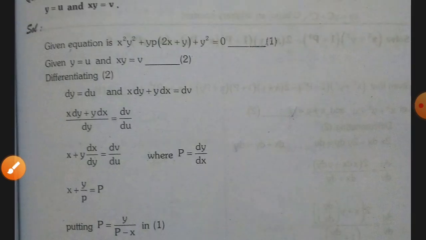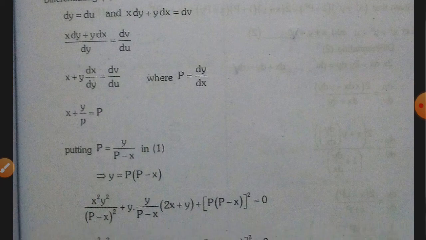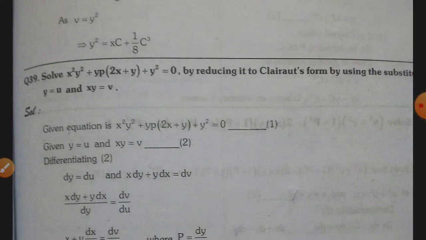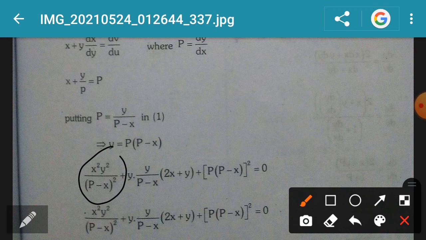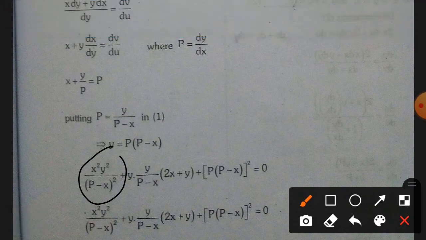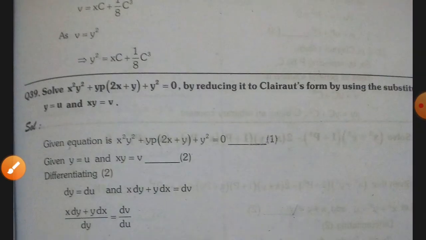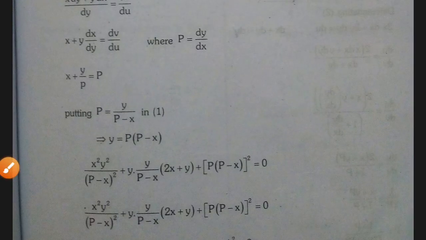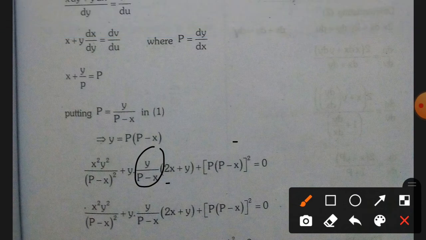Which value? x square into y square plus 2yp into 2x plus y. Here the y value is substituted, after that the p value is also substituted. Just see this one: x square into y square plus yp, the p value substituted here, and then 2x plus y, p into p minus x whole square.